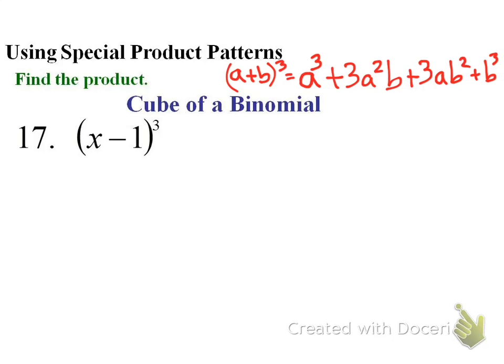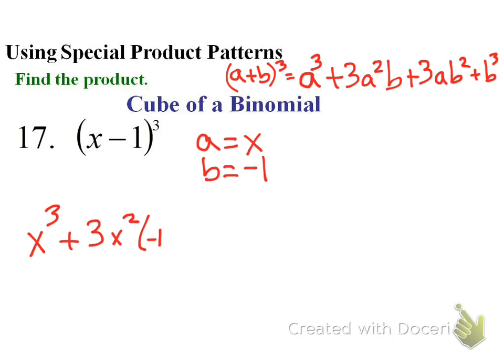What is playing the role of A? What's in the A position? X. Good. What's in the B position? Negative 1. So we can follow right along and just replace everything with an X or a negative 1, depending on if it's an A or a B. So I start with A to the third, so that'd be X to the third, plus 3 times X squared times negative 1.